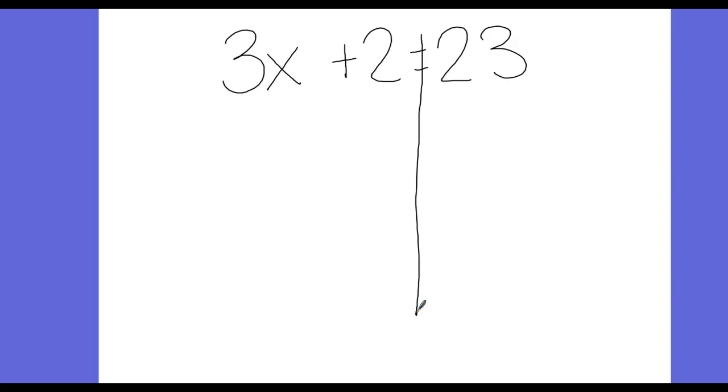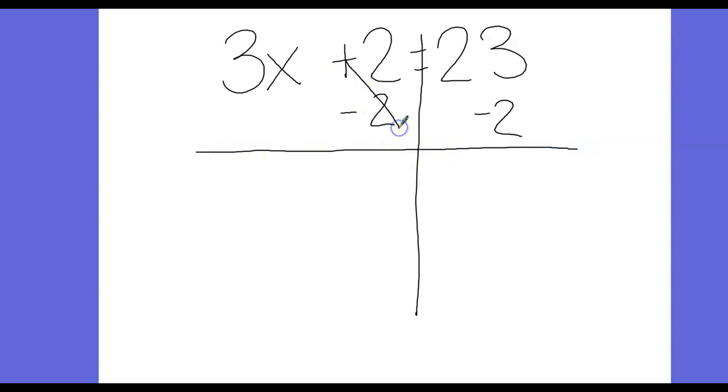How do you get rid of the 2? I make it a negative 2 or minus 2 because that means the same thing. This would give me my 0 pair, but what's still left over there, Trey? 3x.